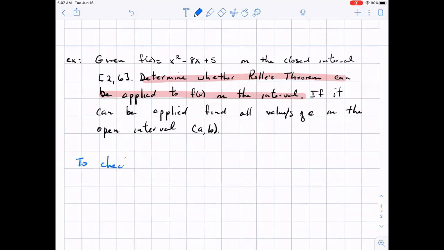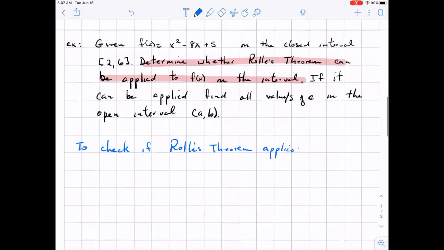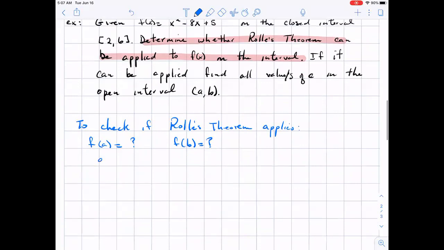To check if Rolle's theorem applies, we want to know what f(a) is equal to and what f(b) is equal to.